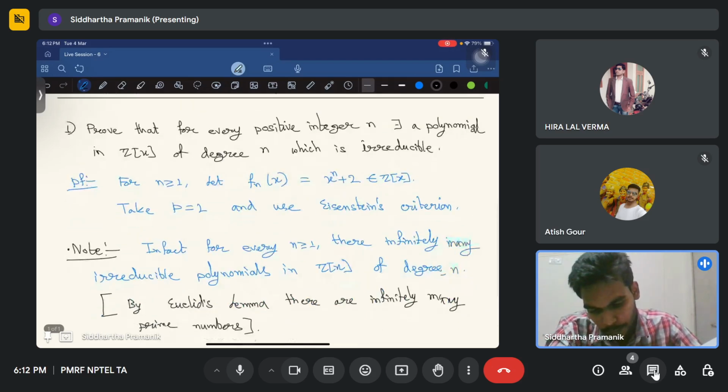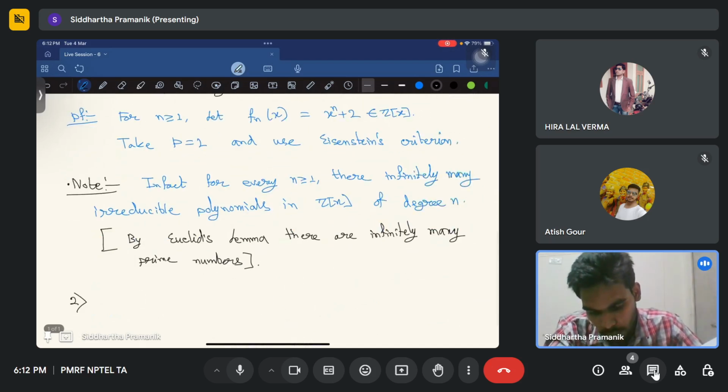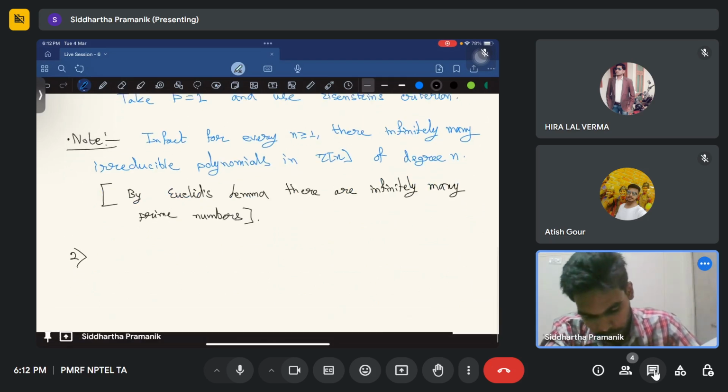Let's see some more criteria which will help us decide whether some polynomials are irreducible or not.